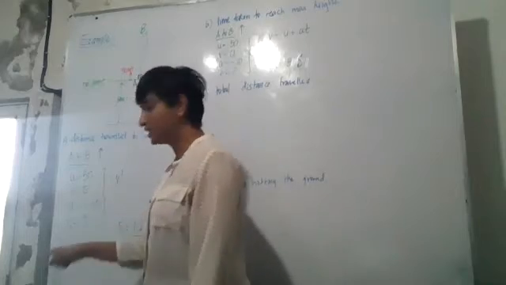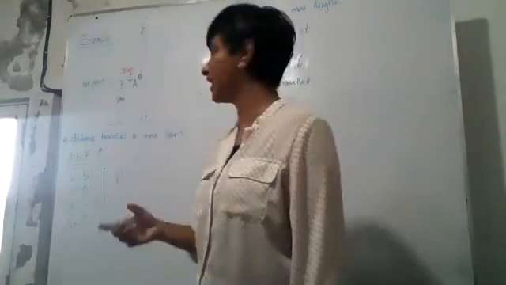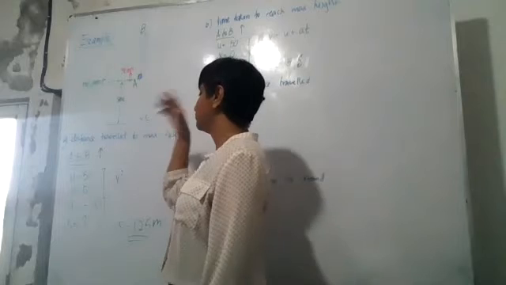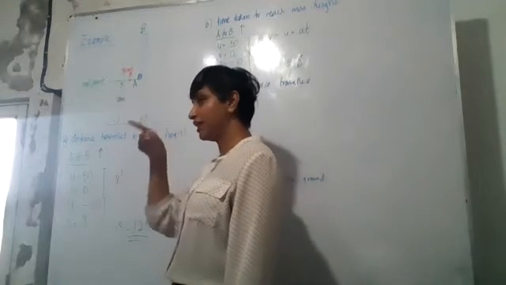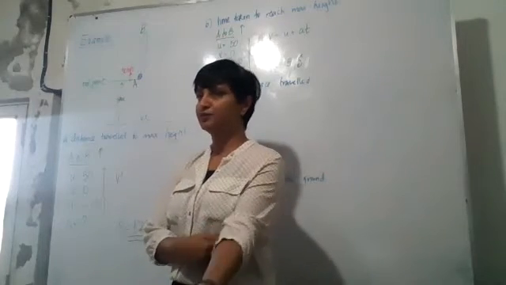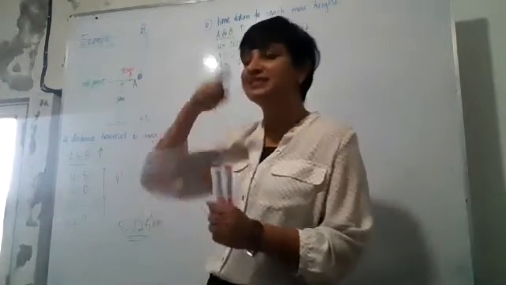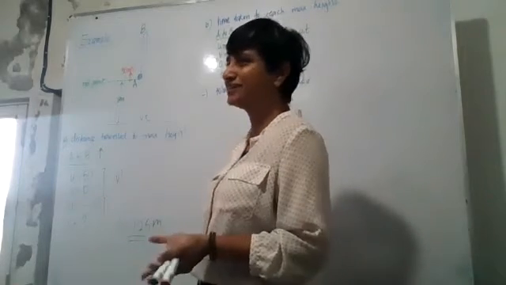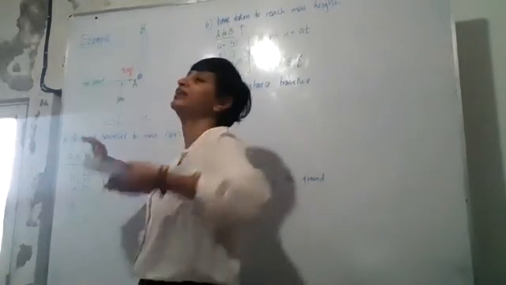And remember your S in your equations of motion is displacement. If you apply an equation from A to C to find S, you would get 8. And you don't have to apply equations for that, you know it already. What we want is the distance traveled. So you have to break this down. You have to do A to B, and then B to C, and then add them.